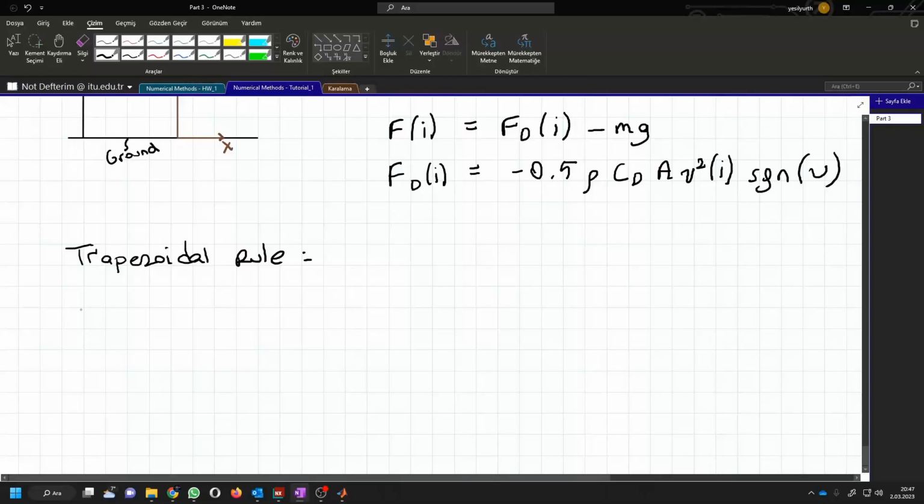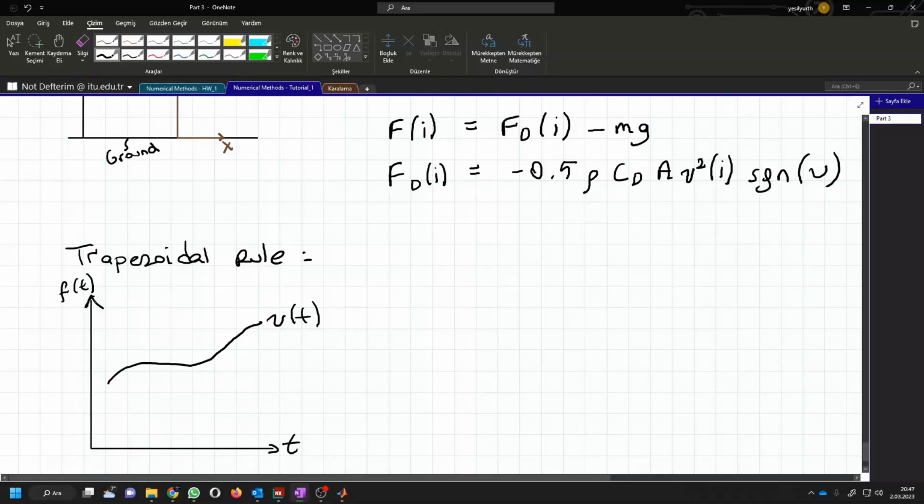Now let's say we have an arbitrary function with respect to time, v of t, and I know that the area under the velocity curve will give me the position or the displacement of my body.